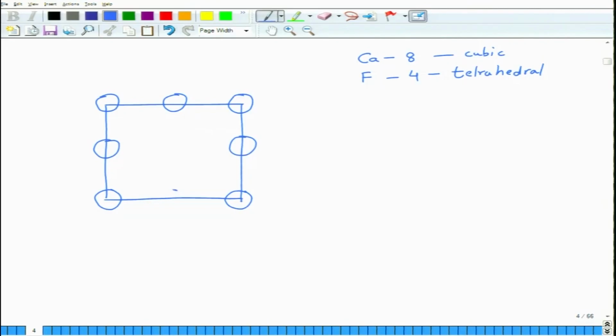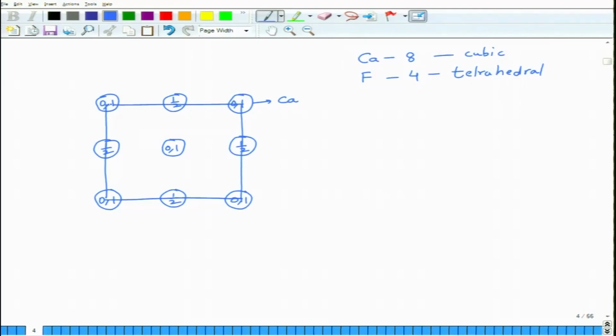Here these are all calcium atoms, at 0 and 1, at half, half, half, and so on.